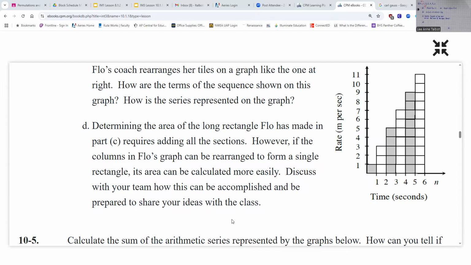Okay, so that's kind of what Gauss's formula is saying. Gauss's formula is saying, why don't you just take this, make a copy of it, turn it over, and make it into a rectangle, and then divide by 2, because we only had half of it.